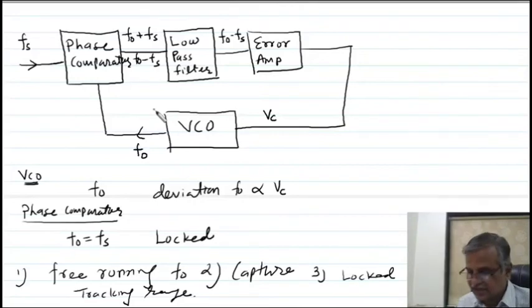In this sense, the low pass filter controls the capture range. When FS is much greater than FO, the PLL does not respond. You can also say that the tracking range is larger than the capture range.